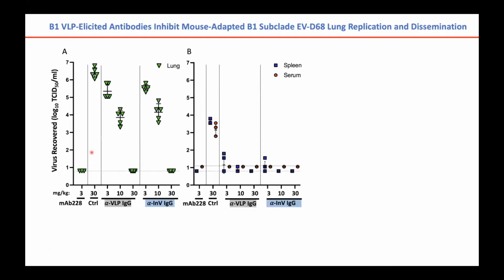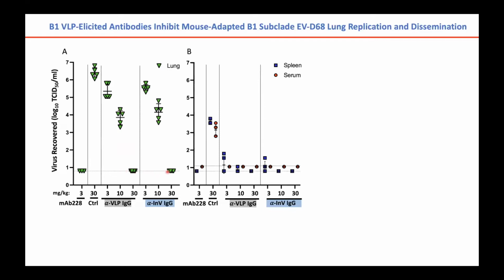What we found in this study was that the 228 antibody completely abrogated virus replication in the lung as we expected. The negative control IgG allowed 6 to 7 logs of virus to replicate. And in our test samples, looking at the IgG from the VLP and inactivated virus vaccinated mice, we see a nice dose-dependent decrease in the amount of virus replication in the lung.